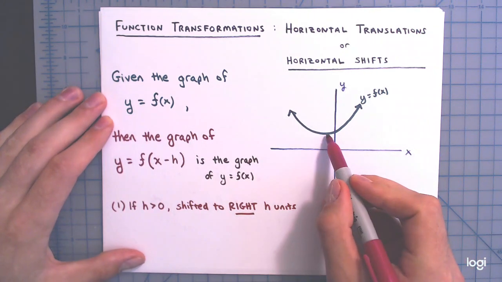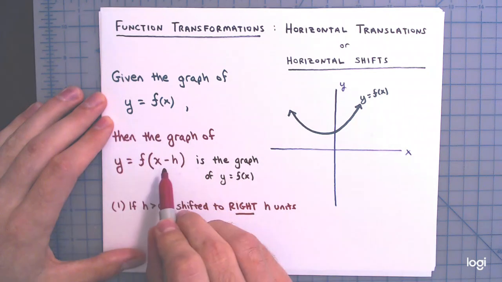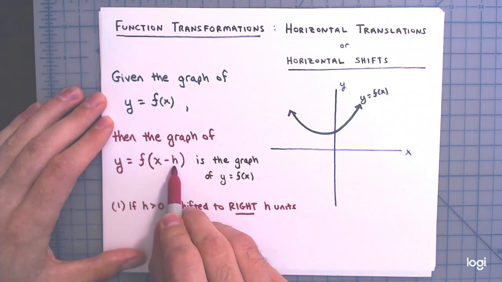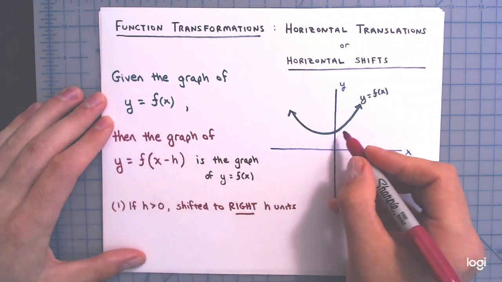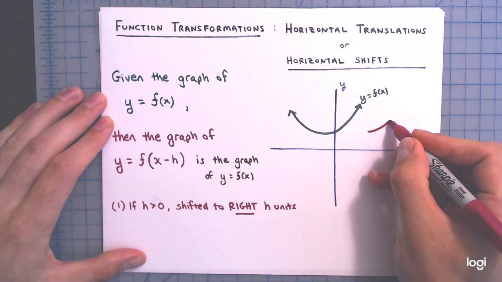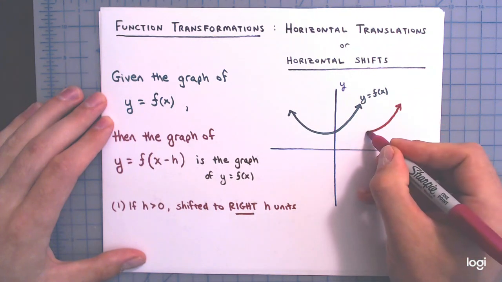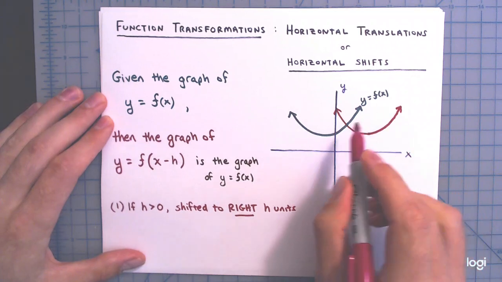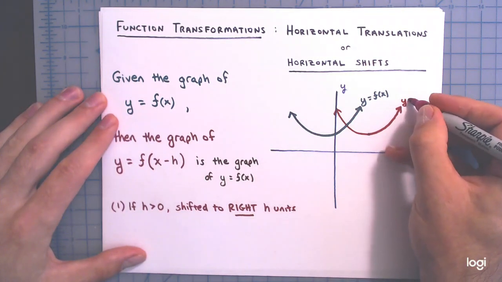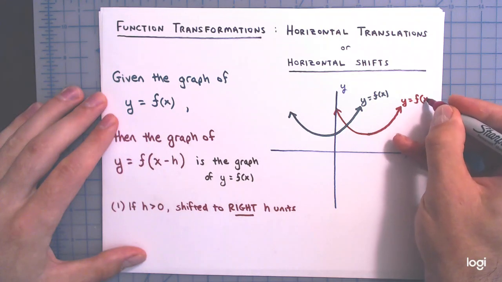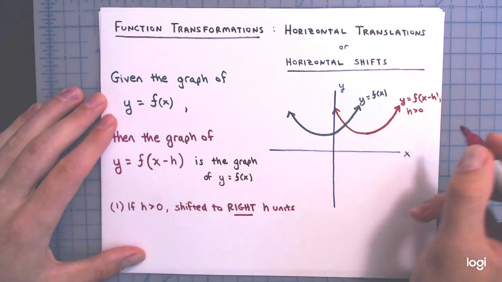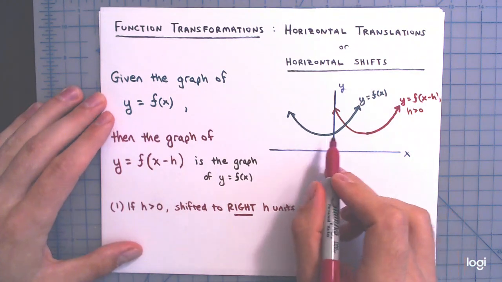So if I replace x with x minus h, and h is positive, x minus 7, x minus 6, it'll be the same picture, just shifted to the right. I'm drawing the same picture here. Again, this is a hand drawing, not perfect, but it has the same little smiley shape. It would be moved to the right. There's y equals f of x minus h, where h is positive. It shifted right h units.